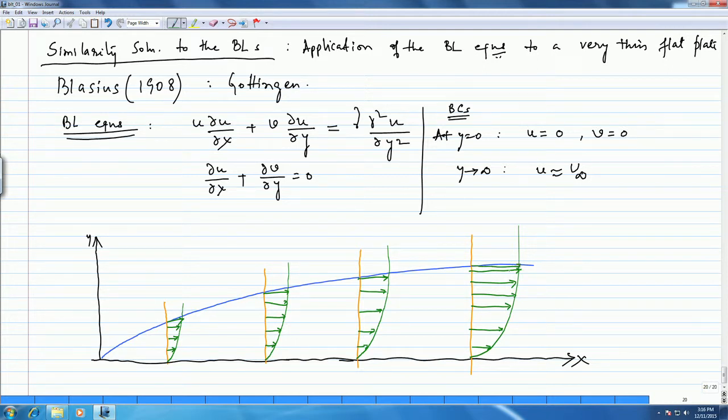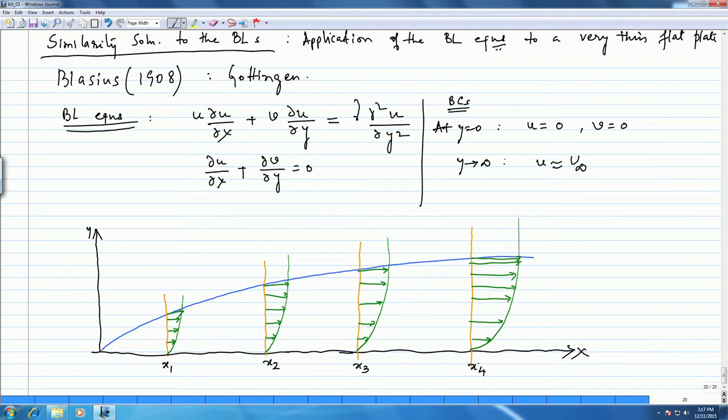So now let us note these. So this one is basically, I'm going to call this x1, this location. This is x2, this is x3, and this is x4.